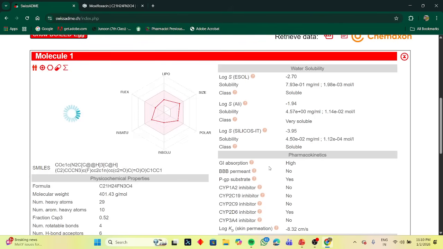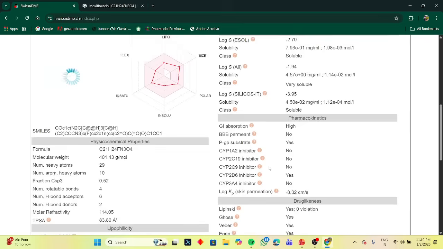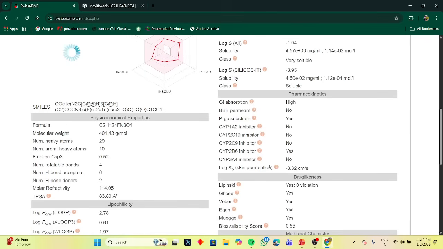Not 100% of the drug goes to the systemic circulation. The amount of the drug that goes to the systemic circulation is called the bioavailability.